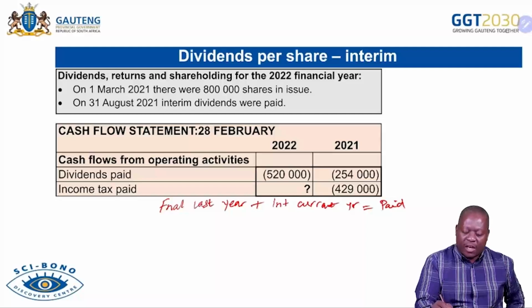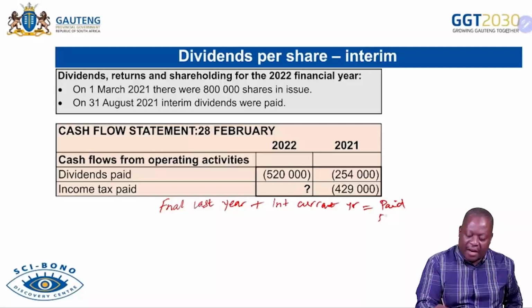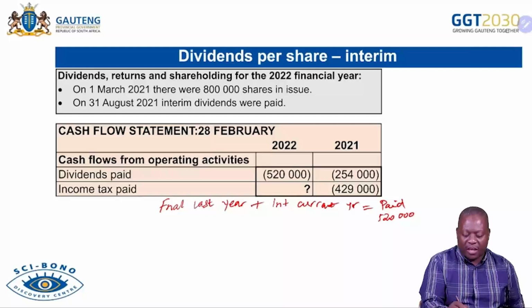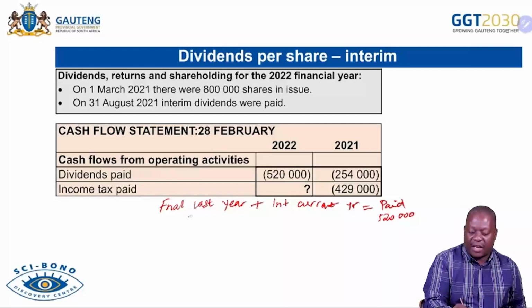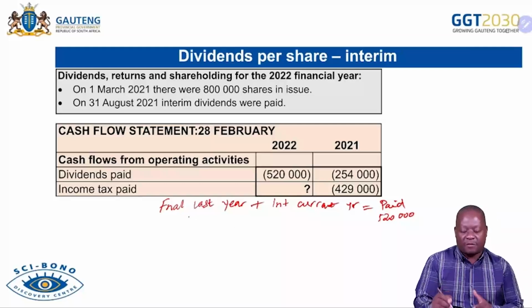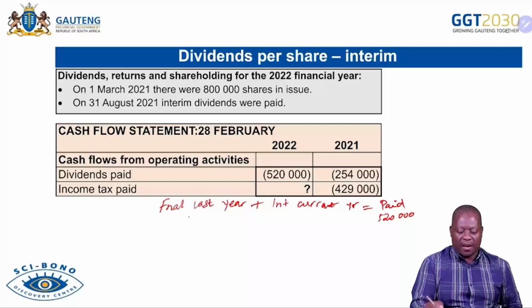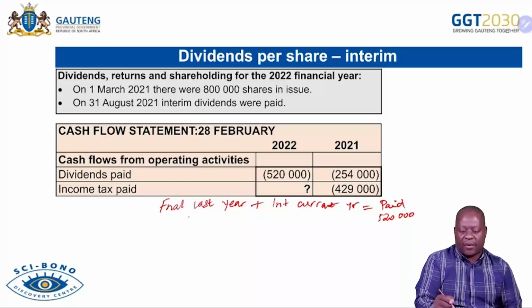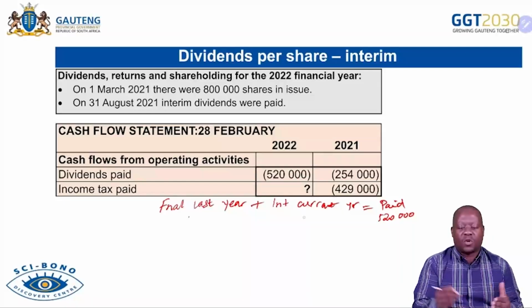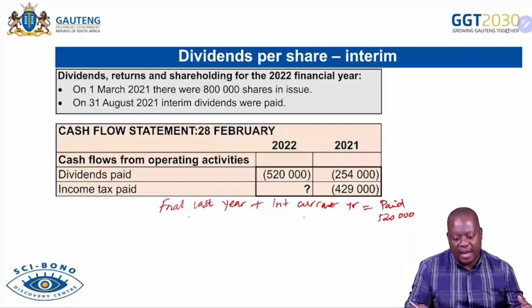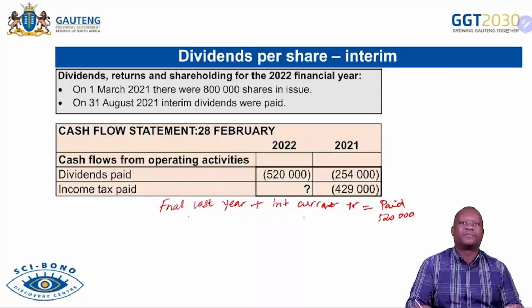So it means we are given this 520. If someone gives us the final dividend of last year, we can find our interim dividend. And if someone gives us our interim dividend, we can find the final dividend of last year. So let's see if they are giving us any additional information.